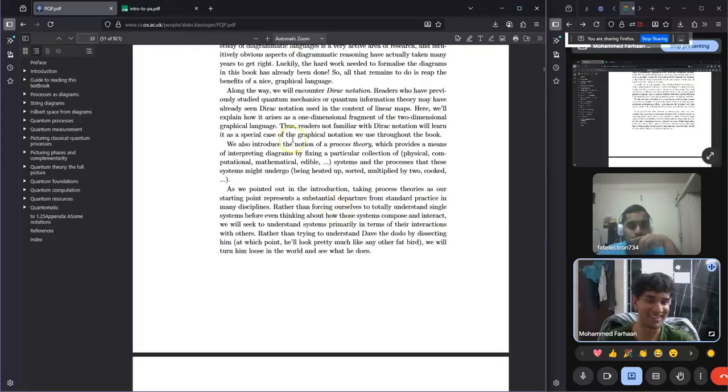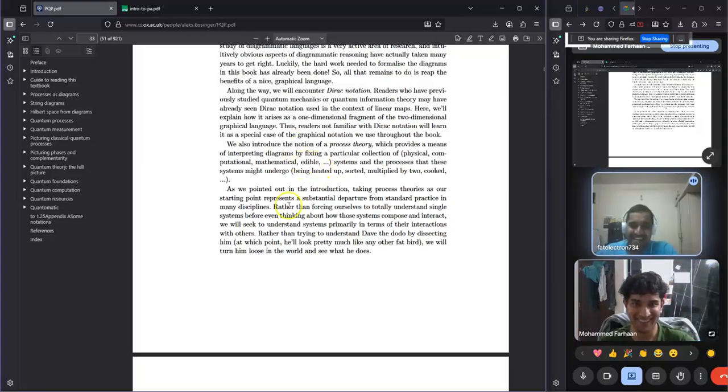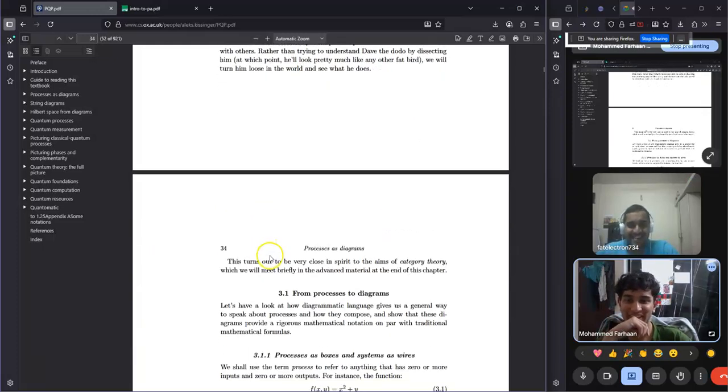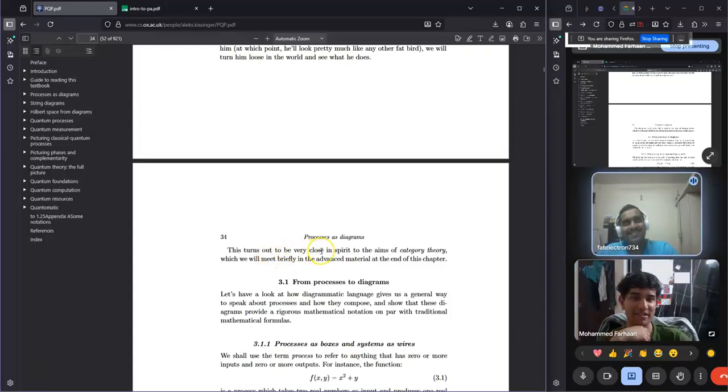I watched a video on it yesterday, that's why I'm happy to see it. Yeah. So, rather than trying to understand Dave the Dodo by dissecting him, at which point he'll look pretty much like any other fat bird, we will turn him loose in the world and see what he does. This turns out to be very close in spirit to category theory.